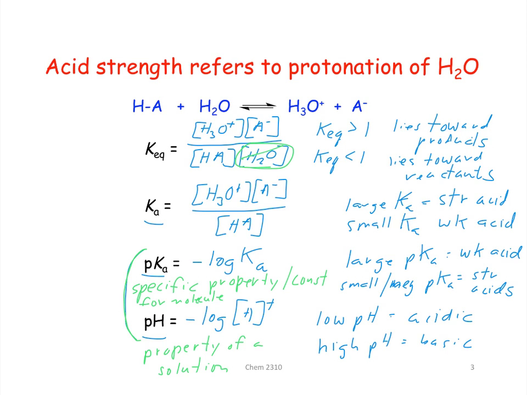For a pH, it doesn't matter what acid gives off the H plus. We could have hydrochloric acid or sulfuric acid, and if we adjust their concentrations, we could get the same pH. So we can always modify the pH just by changing the concentration of the acid or the base. The pKa, because it's a specific constant for a given acid, doesn't change.